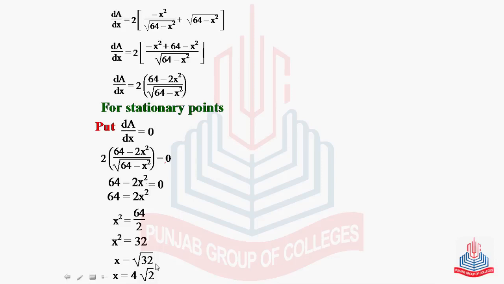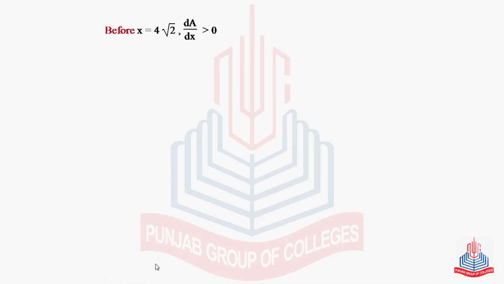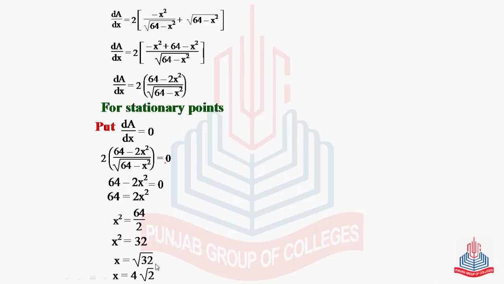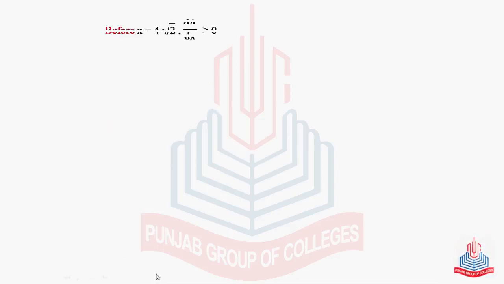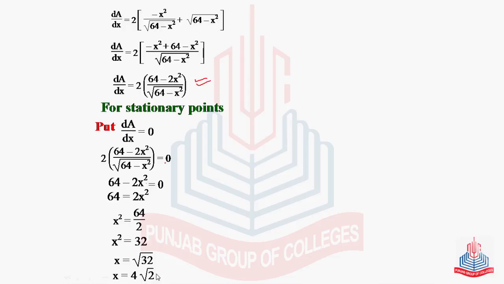Now we check, or use our first derivative test. So before x is equal to 4 square root 2, our first derivative is greater than 0. From here, if we check the value before 4 square root 2, or you can say 3 square root 2 before this value, or if we take x square equal to 32, and before x square equal to 32 we can take, let's say, 30.